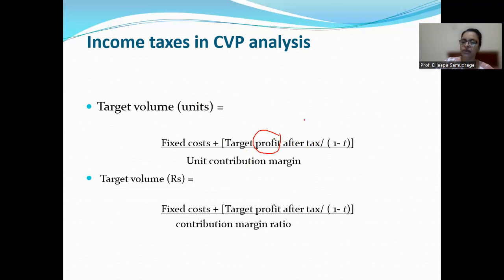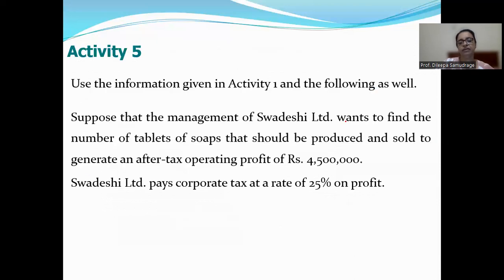So therefore, here you have to take target profit after tax divided by 1 minus T. So if tax rate is 25%, you have to take 1 minus 25%, right? So to find out the sales volume in units, you have to divide by contribution per unit. Here, CS ratio. But the only change in this equation is here. So you have to find out target profit after tax and divide it by 1 minus T, right?